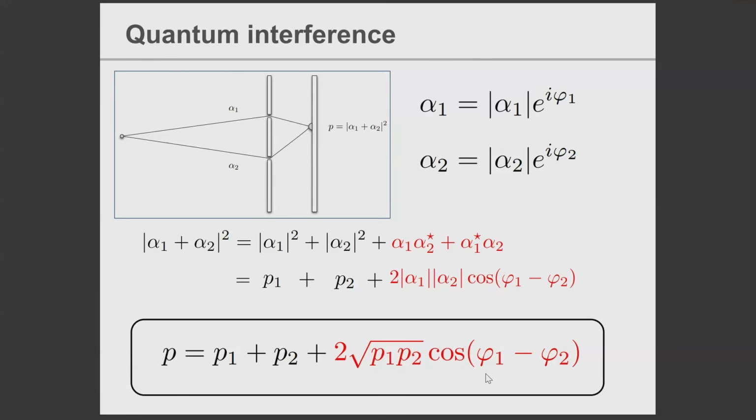It doesn't react to phi 1 on its own, doesn't react to phi 2, but reacts to phi 1 minus phi 2. So that's a little bit weird when you think about it. How come a particle knows about those two trajectories at the same time? Because it does have to know about them in some way in order to be able to react to the difference between them. And that's one of those first mysteries of quantum physics.